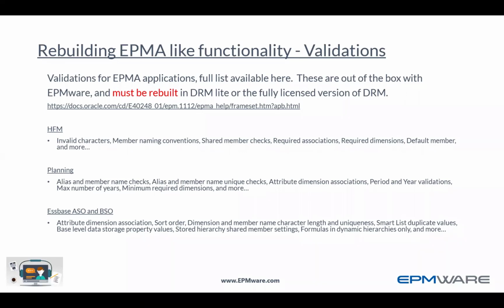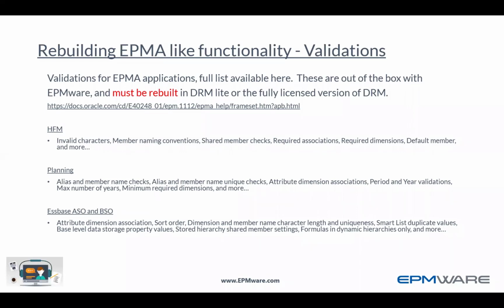to make sure that things like invalid characters, member naming conventions, alias, member name checks, duplicate aliases, all of that was very thoroughly covered. And I think they took it a further step where they validated property selections in the application to understand exactly, if I have a base level data storage property, what is the value, never share settings for ASO-based applications.